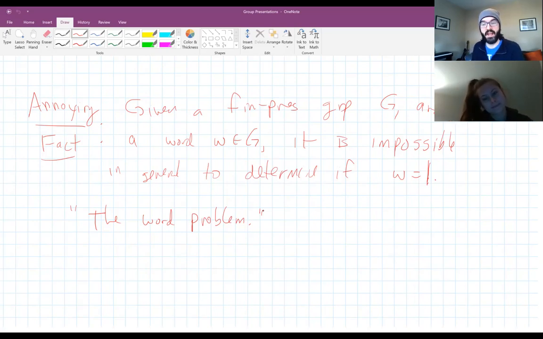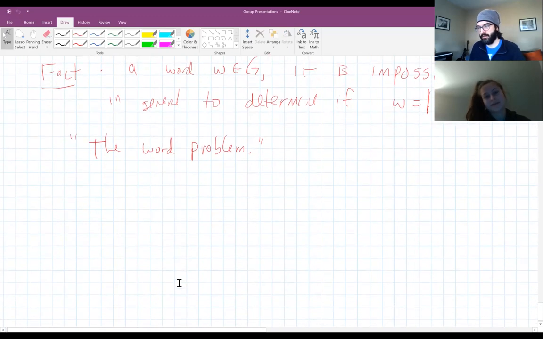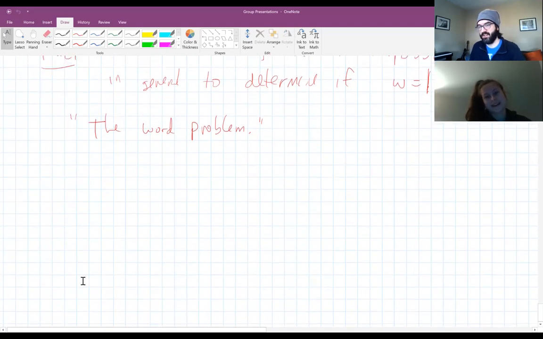Maybe you could keep working at it and solve it in 1,000 years. When you solve it, you have a solvable word problem. But if you don't solve it, you don't know. So that's why it's an annoying fact: it's indeterminate. This is what we may do next semester as part of some of your publishable research.